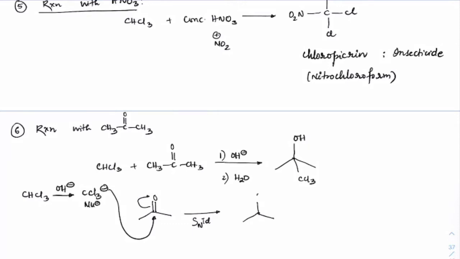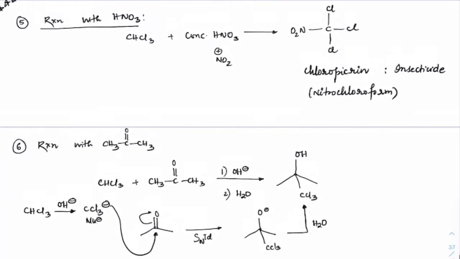We will get this as O minus, CCl3, which on hydrolysis would give this product. So this is how the reaction is happening. The product has a common name known as chloretone.